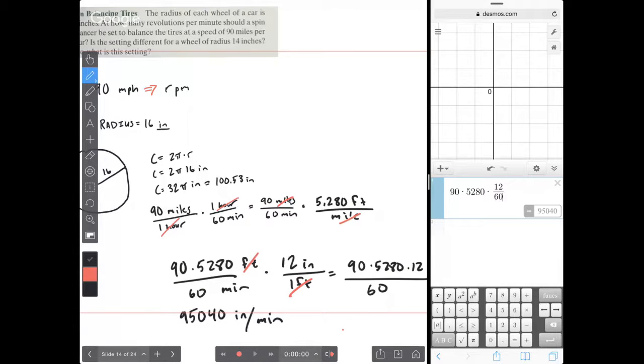And if I go 100.53 inches, so I'm going to take all of this and divide it by my 32 pi.